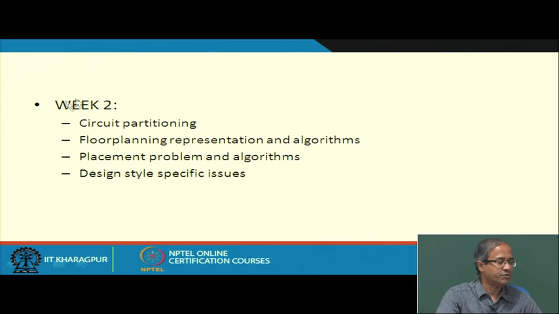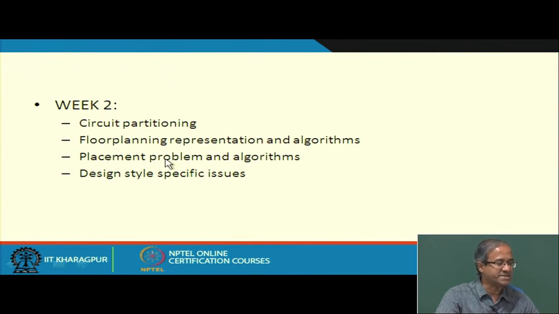During the second week we looked at some of the initial steps required for VLSI physical design. Circuit partitioning was the first step we talked about, where a large design is divided into smaller pieces, then creating tentative floor plans for these partitions or blocks, and then how to place these blocks, that means after the exact shapes and sizes and also the location of pins are fixed.